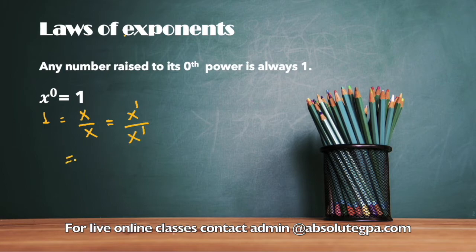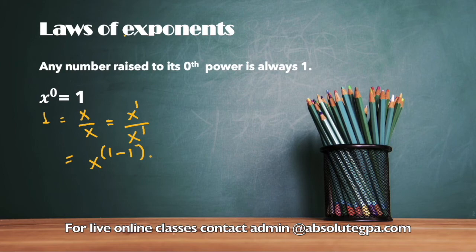And then we apply the division law that we learned, that whenever you divide two or more exponents with the same base, your resulting exponent would be base to the power 1 minus 1.